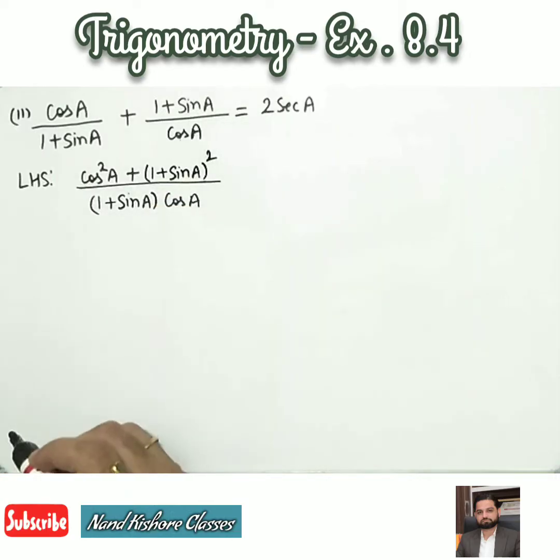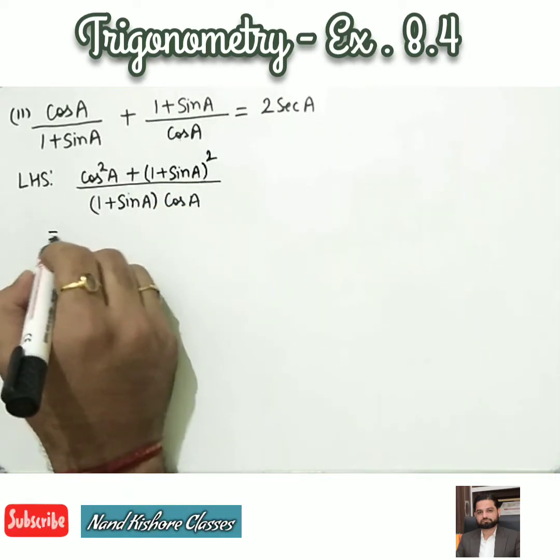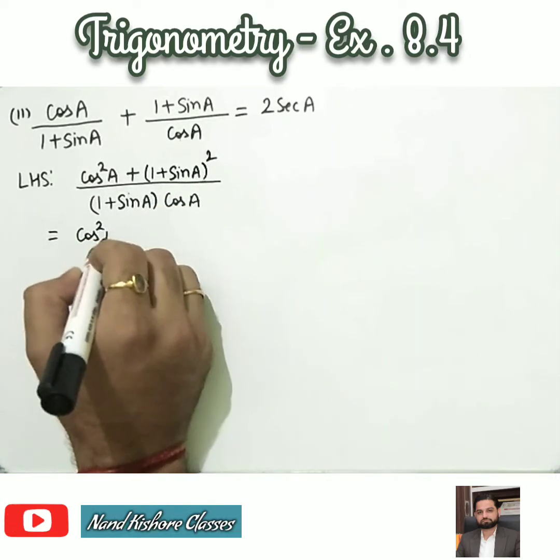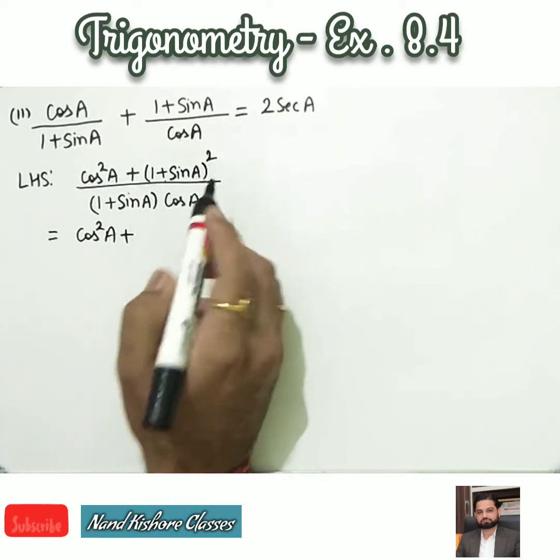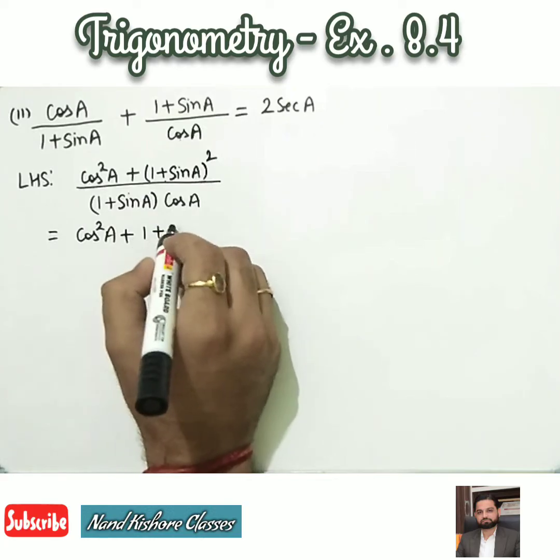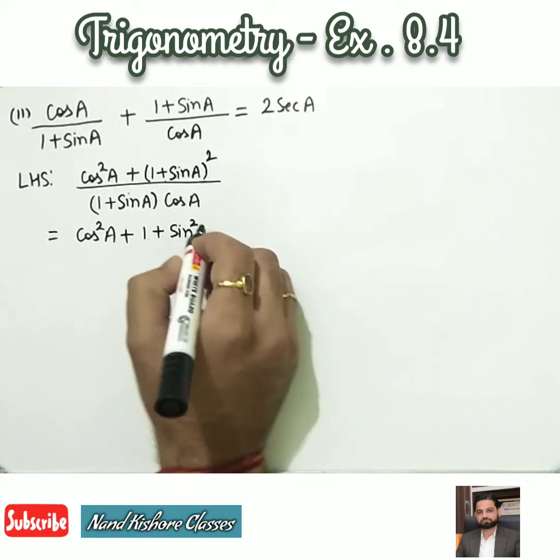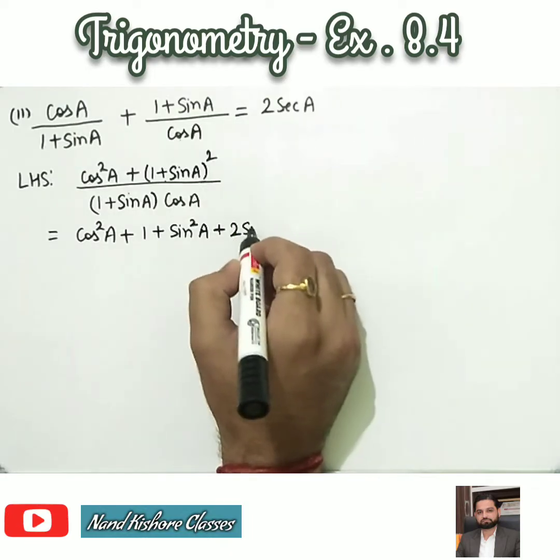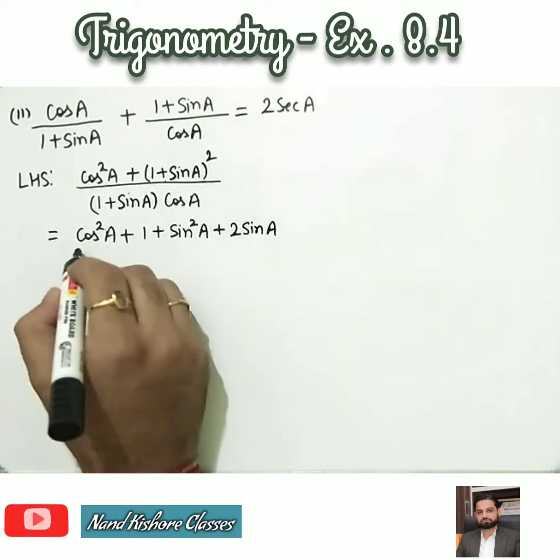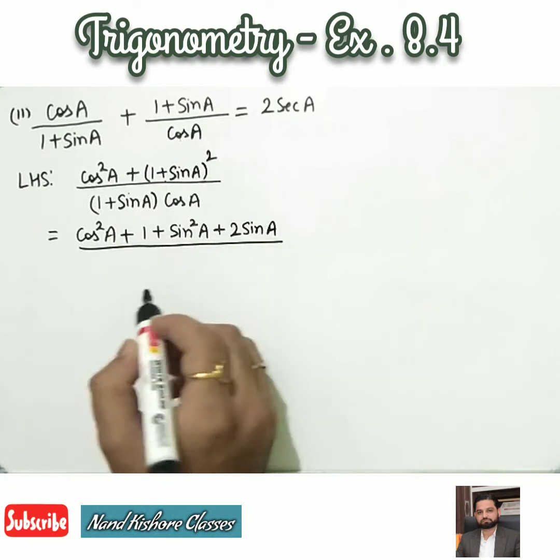Let us solve it. We get cos square A as it is. Then this is (A plus B) whole square. It becomes A square plus B square plus 2AB will become 2 sin A, because when 1 is multiplied, it doesn't change the value.